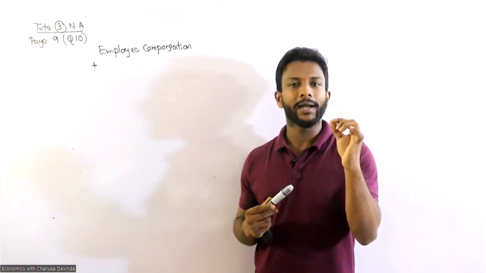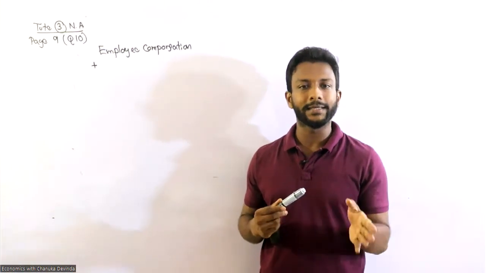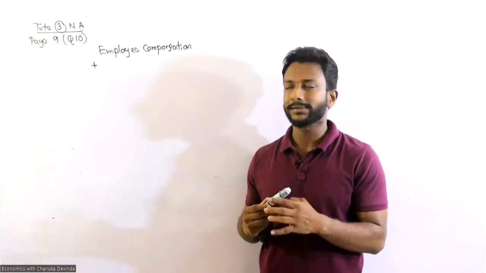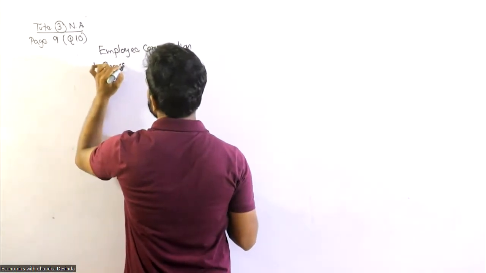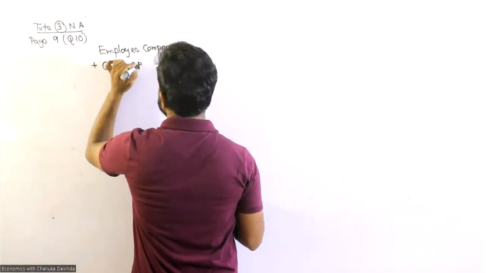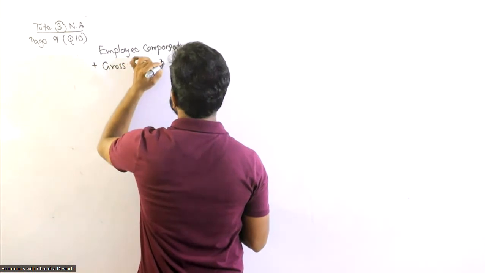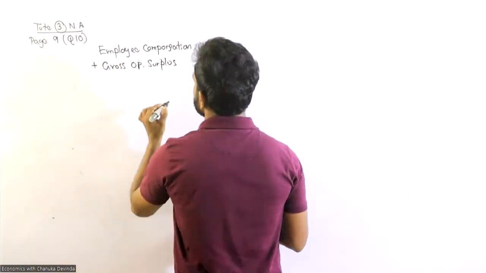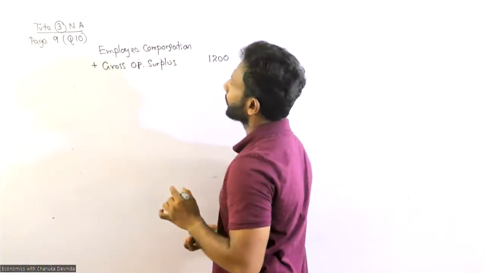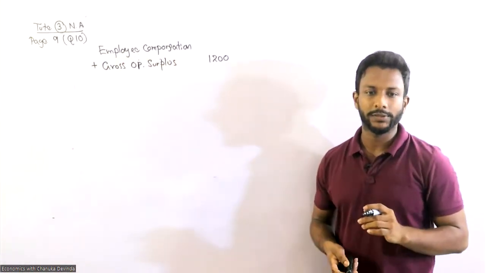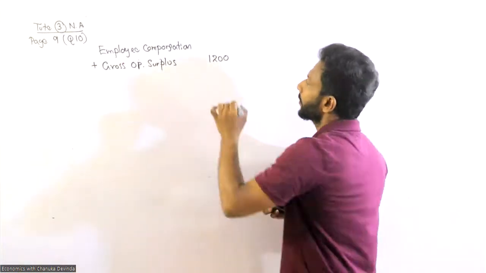So we identified the value of those income by calculating gross operating surplus. Gross operating surplus, how much? It was 1200, and employee compensation is the first line item, 800.